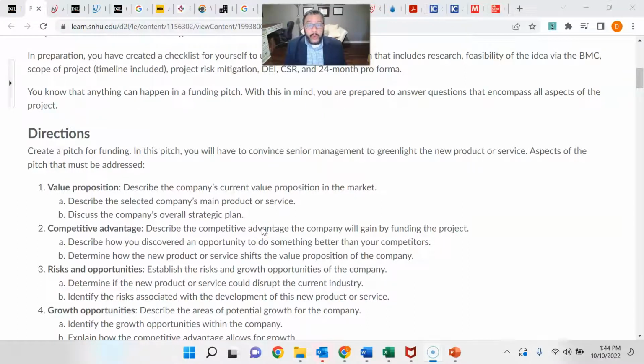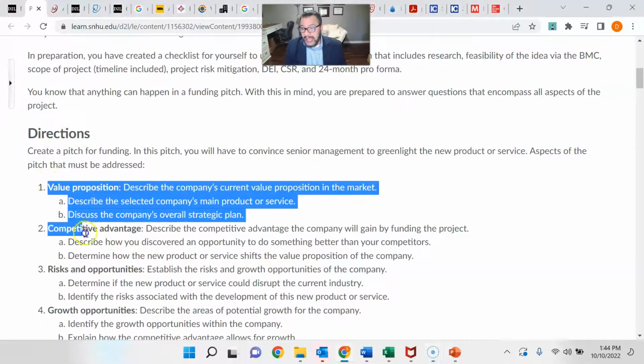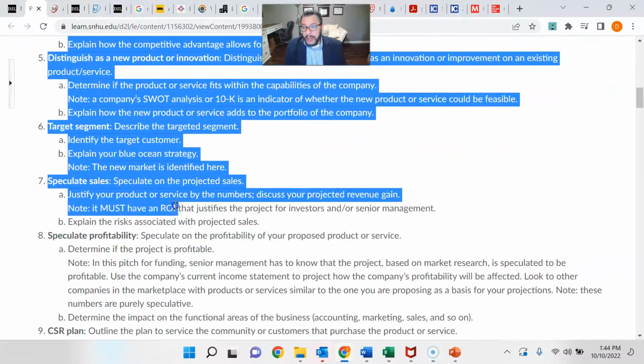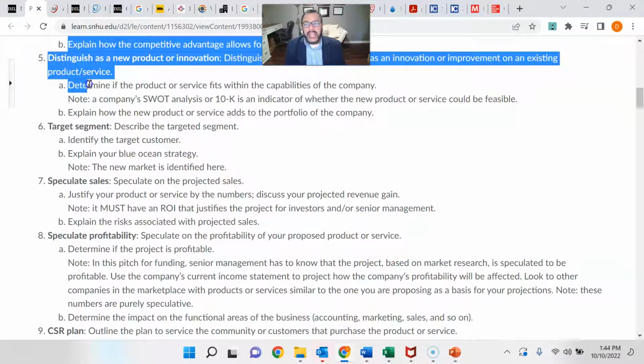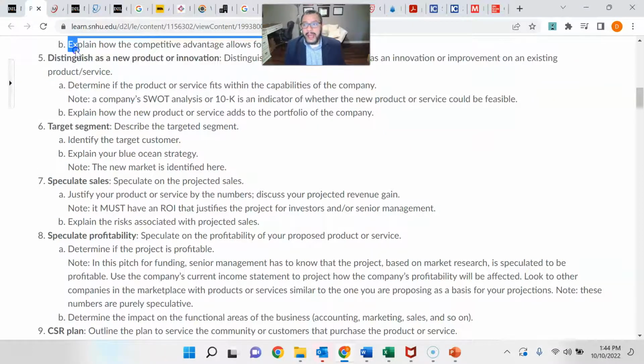I want you to look at the headings on the prompt, and I want you to put those headings on your paper. What I would do is just copy this and put it on your paper, then go back and fill it in so that you understand what's what.